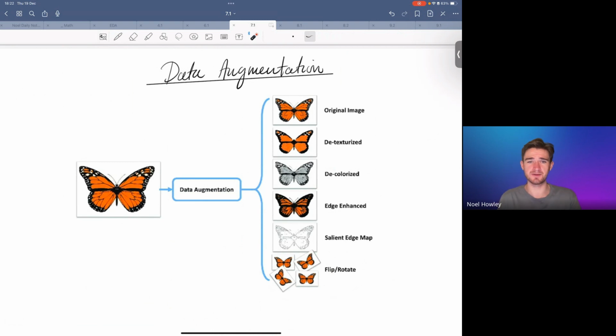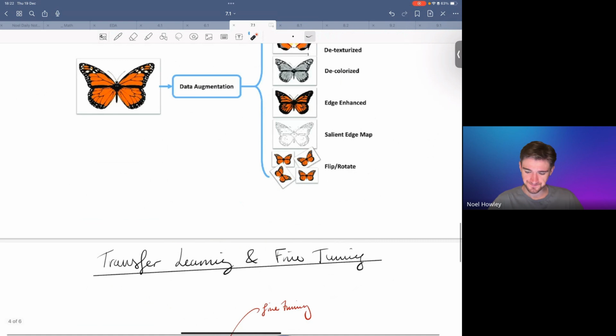Okay, so data augmentation is really handy for increasing our training set, test set, or the whole data set when we're looking for a fast, cheap, cost-effective way to do that. Very, very quick and handy.